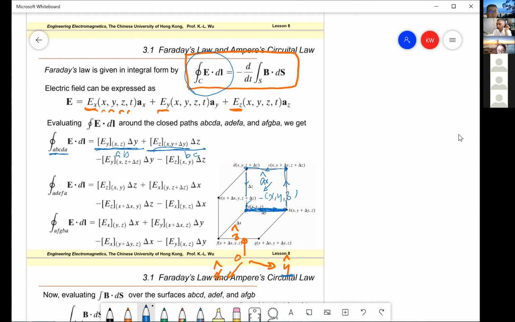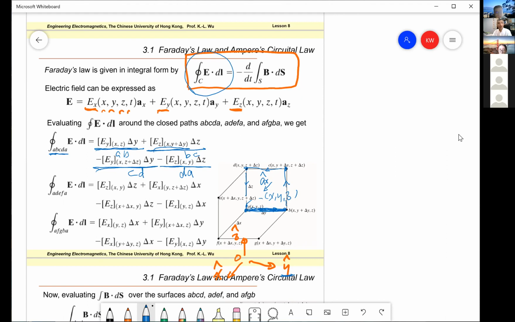Then this is integration also in the y direction, but in the opposite direction of y. So this is the contribution of CD, and this is the contribution of DA. So I finished my line integration, right?